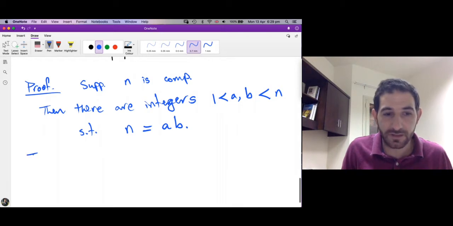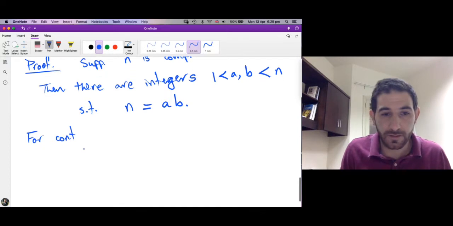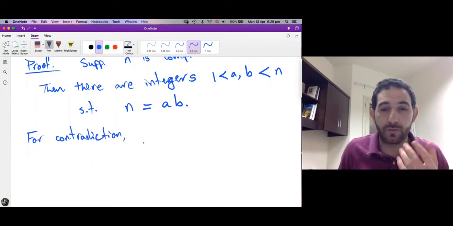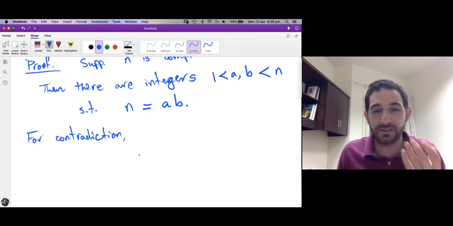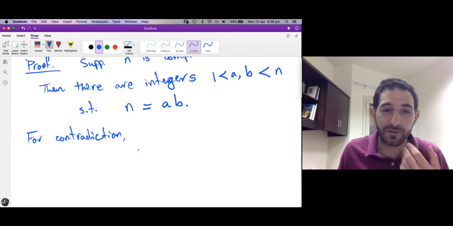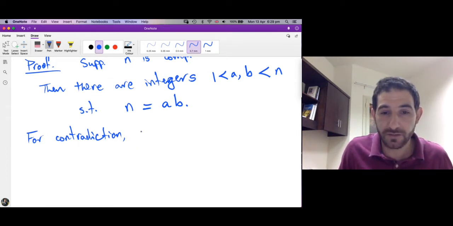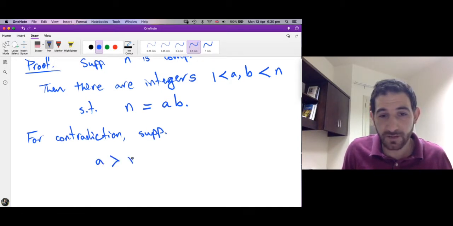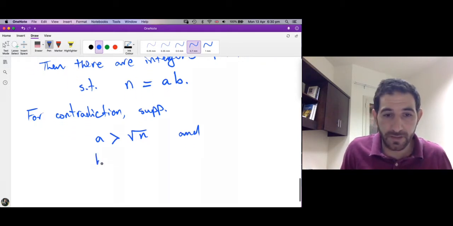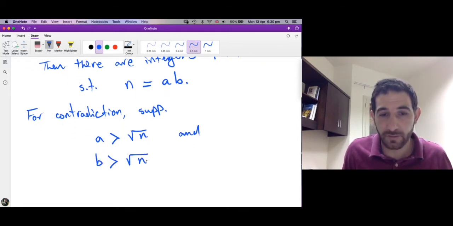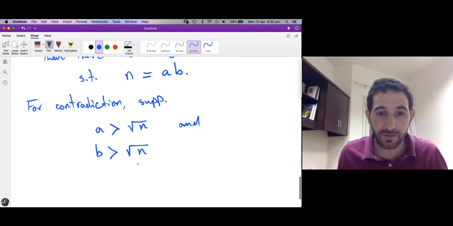So for the sake of contradiction, suppose that both, look, we want to show that either a or b is less than or equal to the square root of n. So for contradiction, suppose that both are strictly bigger than the square root of n. So suppose that a is strictly bigger than the square root of n and b is strictly bigger than the square root of n.